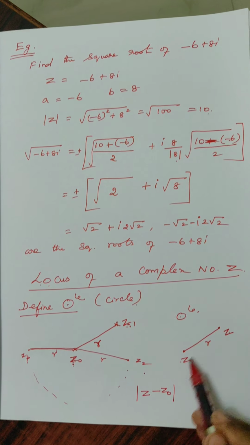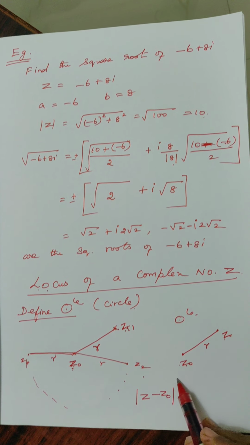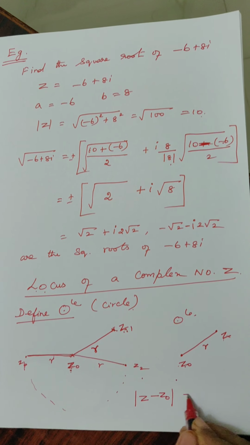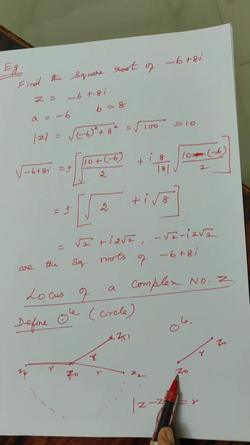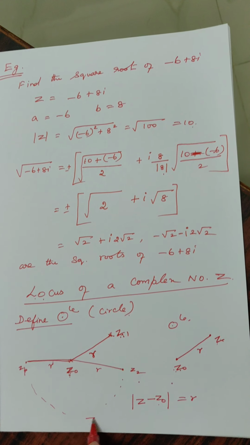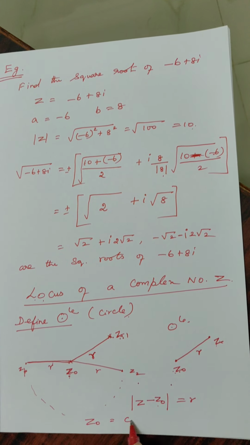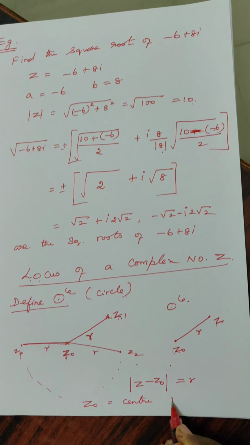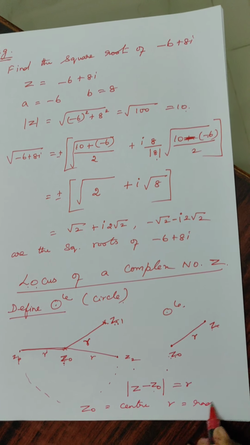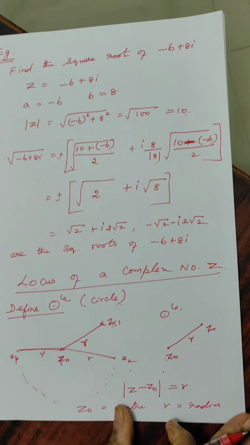The distance between these two points is modulus of z minus z0, which is equal to r. So this fixed point is called z0. This z0 is called the center of the circle, and r is the radius of the circle. Is it clear now?